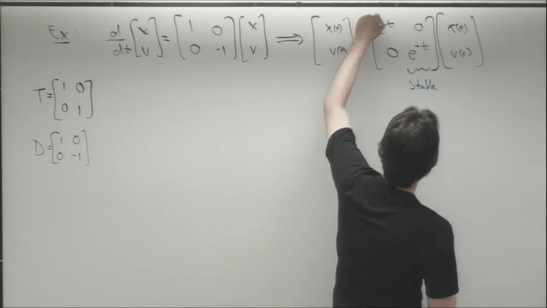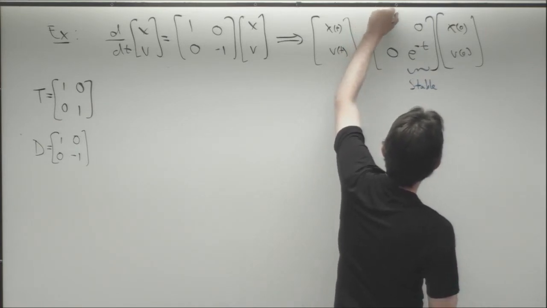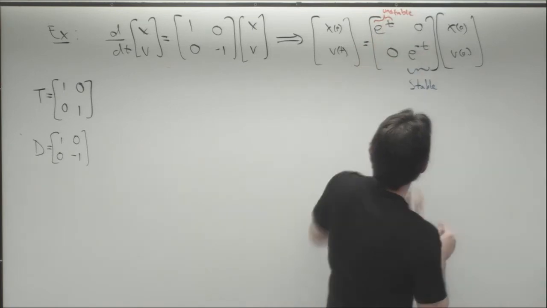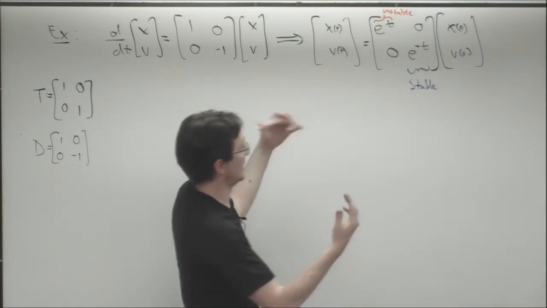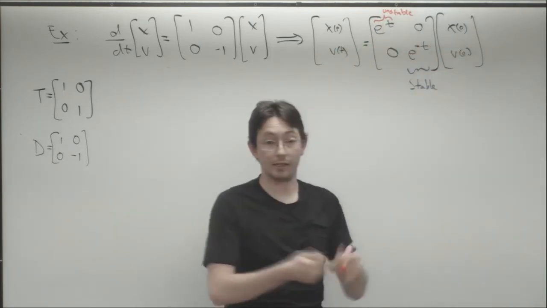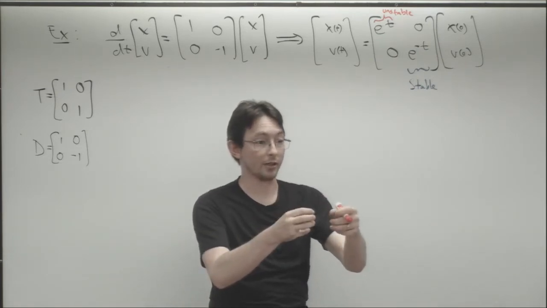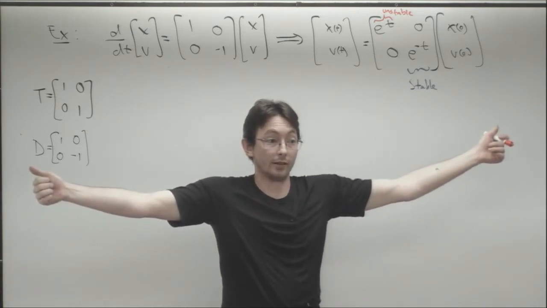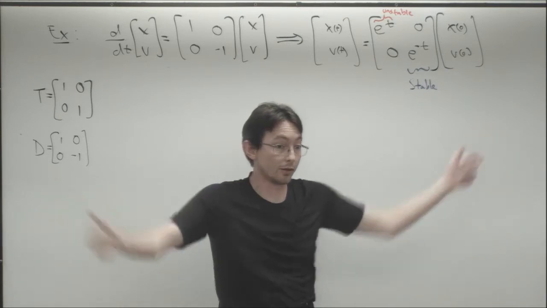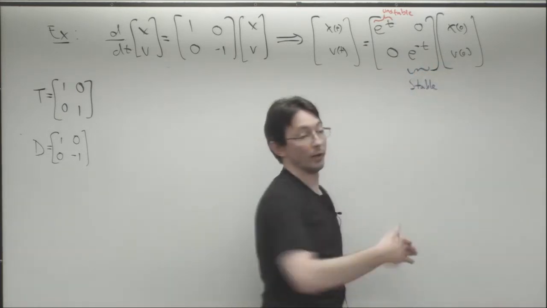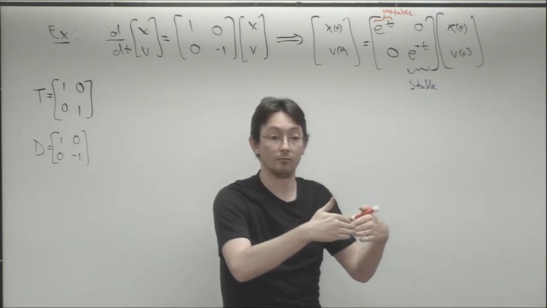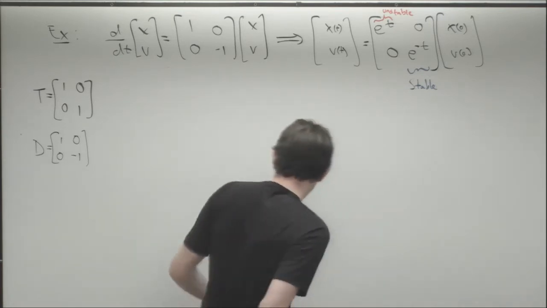E to the plus t is unstable. So what this system does is, in the x direction, it's unstable. My x initial condition is going to grow and grow and grow to infinity. So the x component is going to get infinitely large, while the v component is actually shrinking down to 0. It's stable in the v direction.